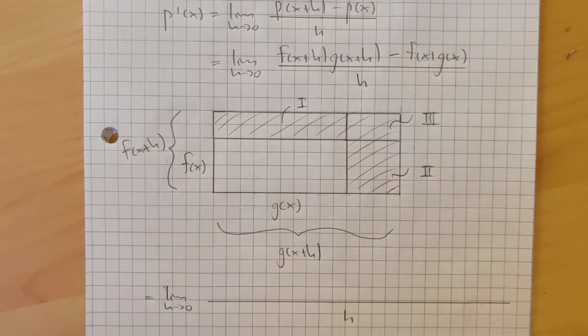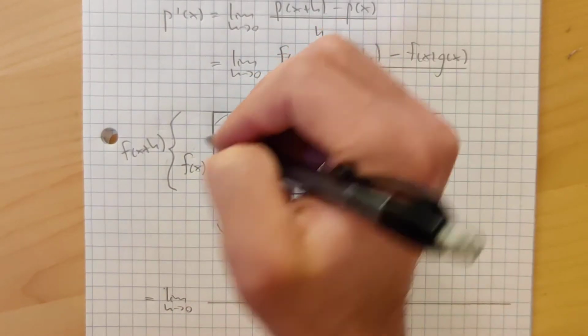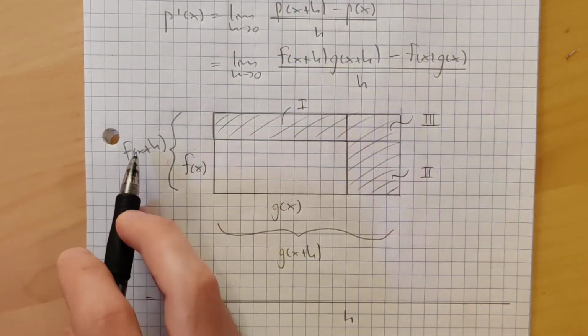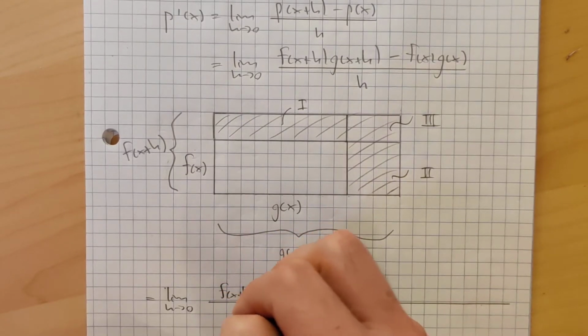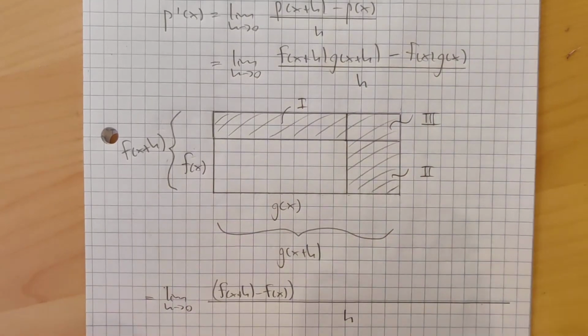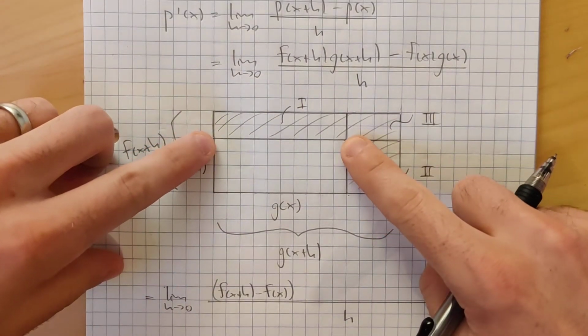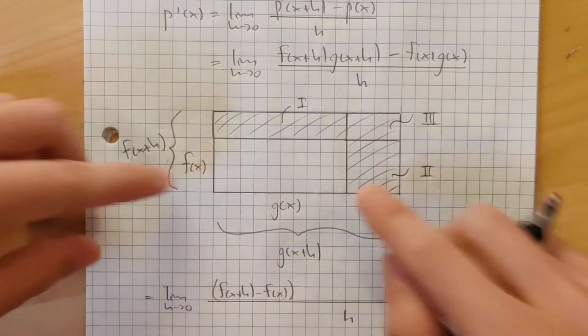So what is the area of region number 1? Well, region number 1, its height, right here, is the difference between these 2, f of x plus h minus f of x. And its length this way, so it's going to be this times this. This guy right here is just g of x.